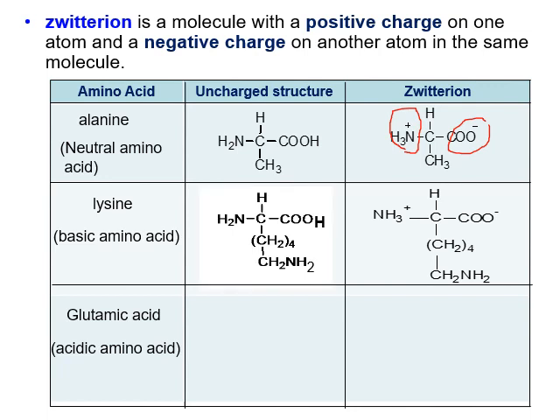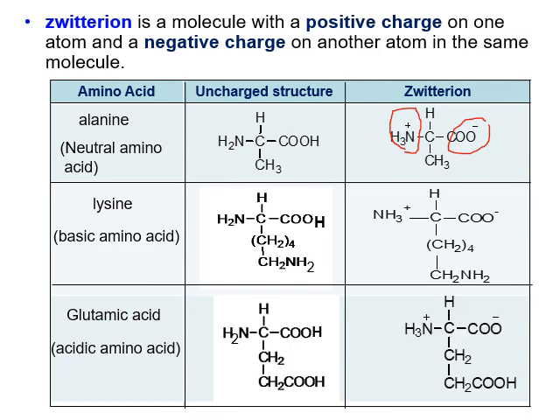Followed by lysine, similar. So we just need to focus on the COOH changing to COO minus and the NH2 changing to NH3 positive. Similar things for glutamic acid. So take note that the changes are just that COOH changes to COO minus and NH2 changes to NH3 positive. The rest of the structure remains unchanged.